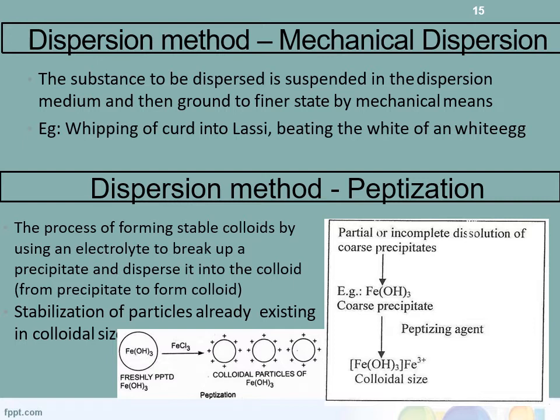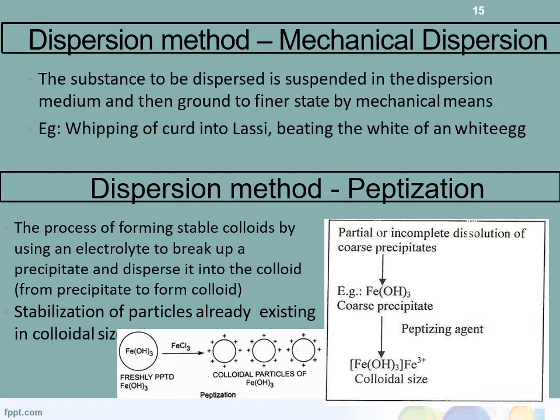Peptization is the process of forming stable colloids by using an electrolyte to break up a precipitate and disperse it into the colloid. In order to perform peptization, we need an electrolyte, which is called a peptizing agent.